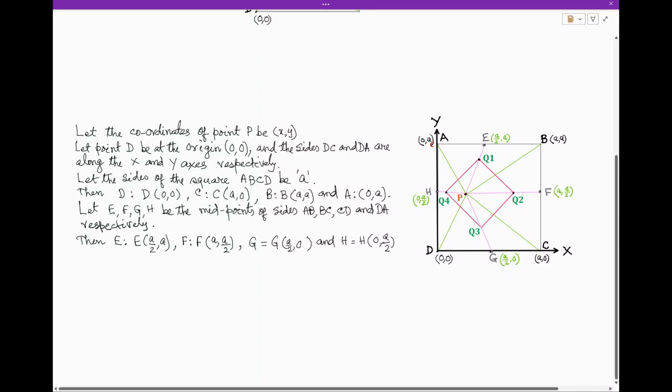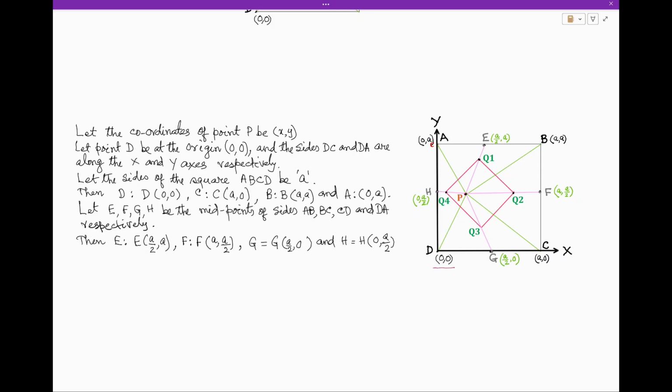Let the coordinates of point P be x, y, and let the point D be at the origin, that is 0, 0. And the sides DC and DA are along the x and y axes respectively.